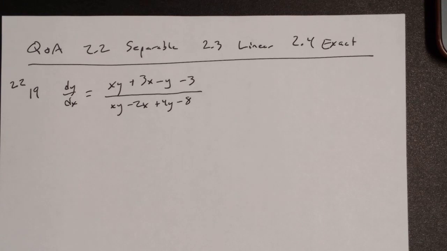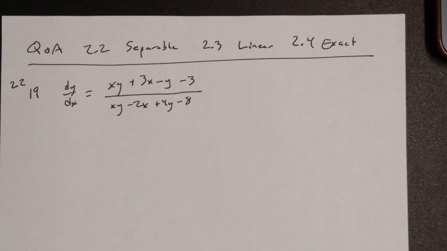But the thing that will help us the most is if I can separate, right? Well, that means I should try and factor that stuff. So let's factor numerator and denominator by grouping.